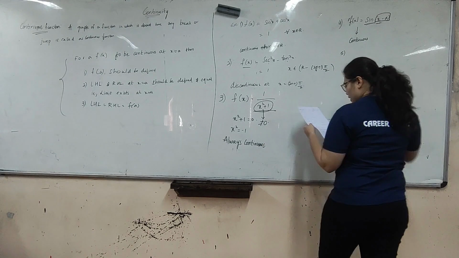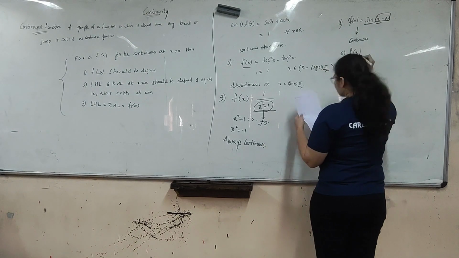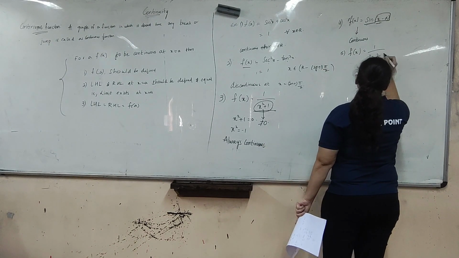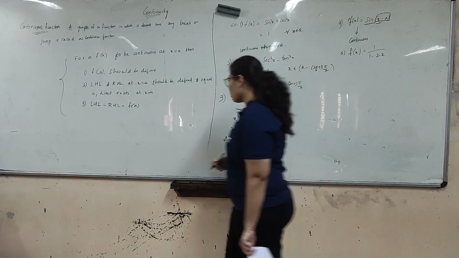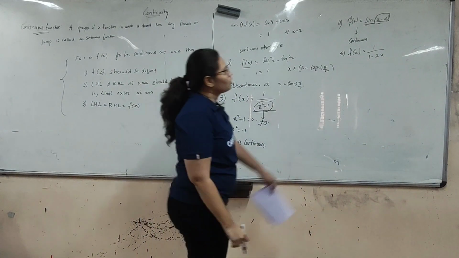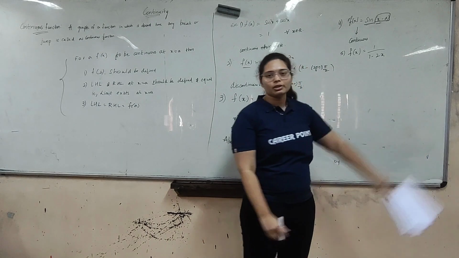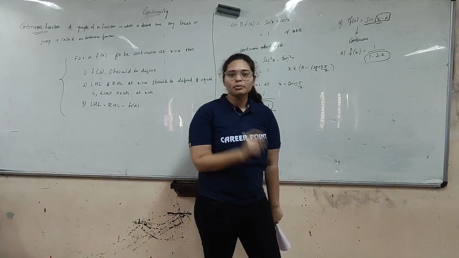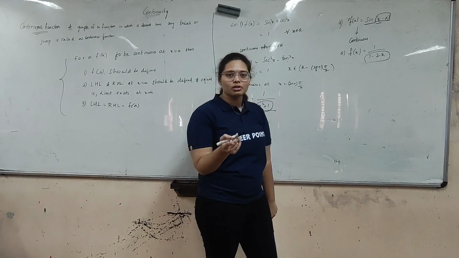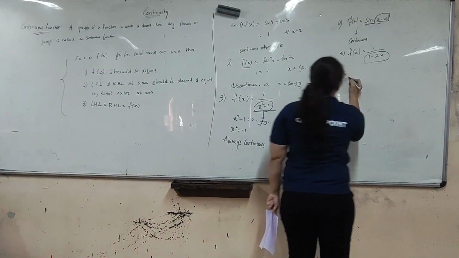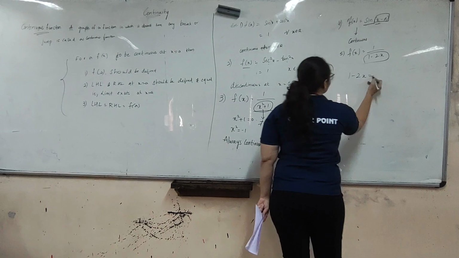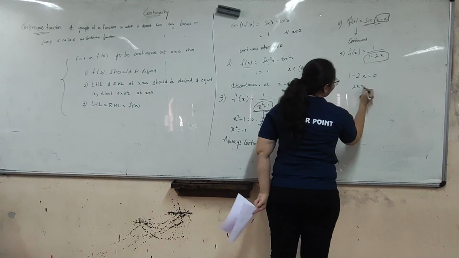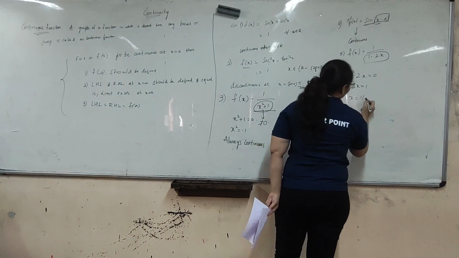And let's see one example again. f of x equals 1 by (1 minus 2x). The possible discontinuity is whether the denominator will be 0. Is it possible for 1 minus 2x to be 0? Yes, ma'am, we can do it. See, 1 minus 2x equals 0, 2x equals 1, so x equals 1 by 2.